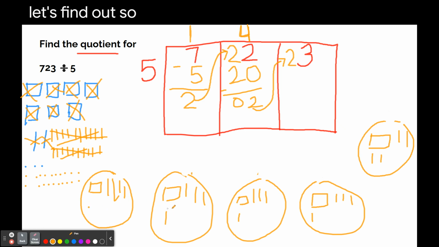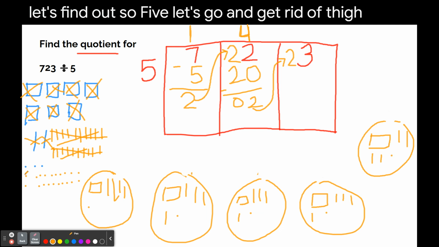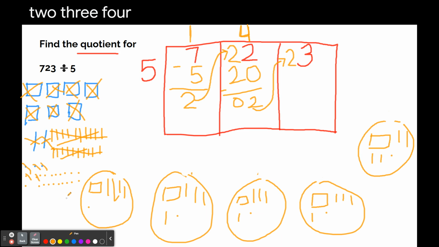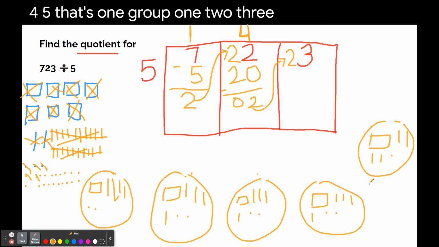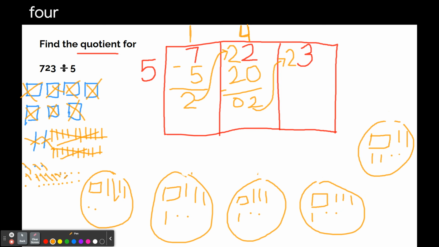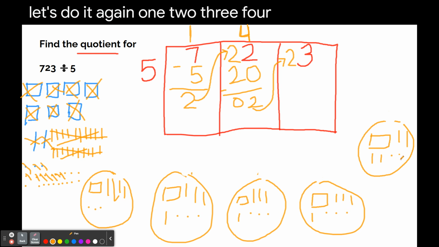Let's find out. So 1, 2, 3, 4, 5. That's one group. 1, 2, 3, 4, 5. That's two groups. Let's do it again. 1, 2, 3, 4, 5.